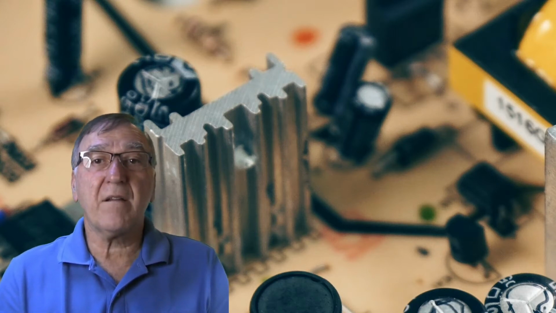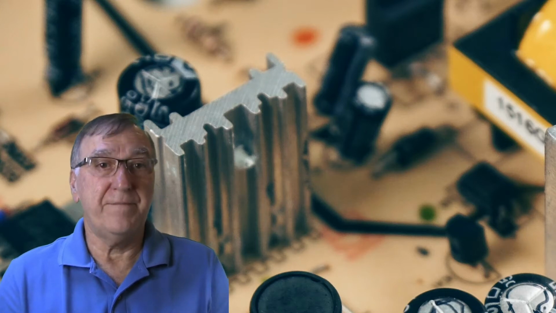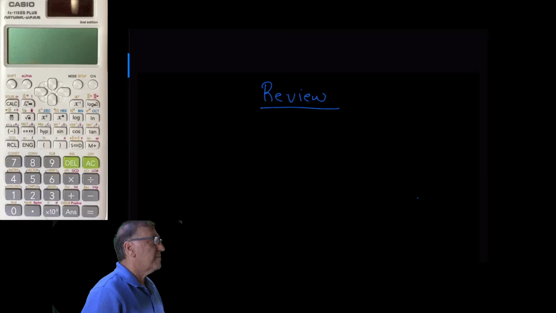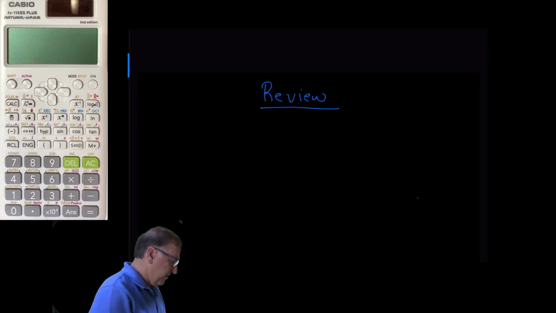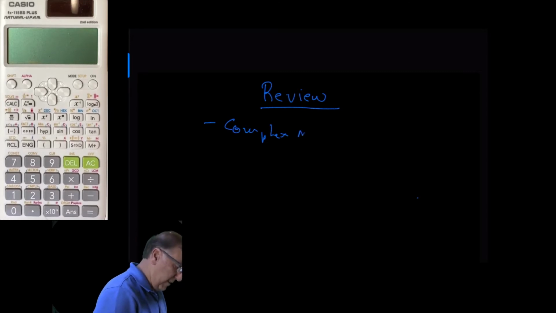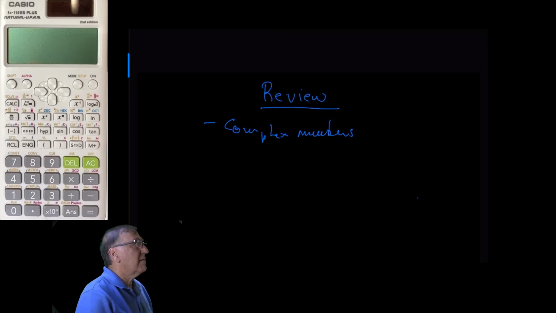So now let's take a look at what we're going to review today. The first thing we're going to review today is complex numbers. You should have had discussions about complex numbers in some of your other classes.